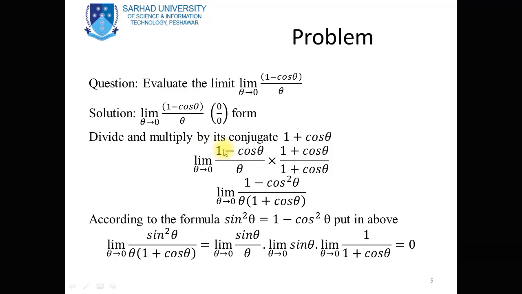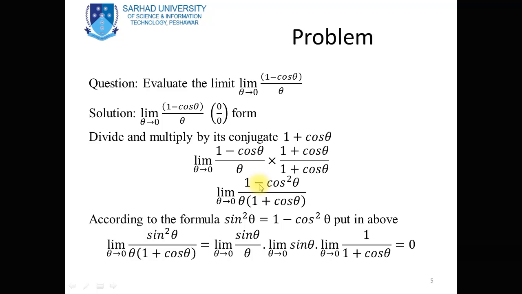So multiplying this expression by the conjugate 1 plus cos theta, we obtain 1 minus cos theta divided by theta multiplied by 1 plus cos theta divided by 1 plus cos theta. Now using the formula a minus b into a plus b, we obtain a square minus b square. So 1 represents a and cos theta represents b. 1 square equal to 1 minus cos square theta, and multiplying these two terms in the denominator, theta into 1 plus cos theta.